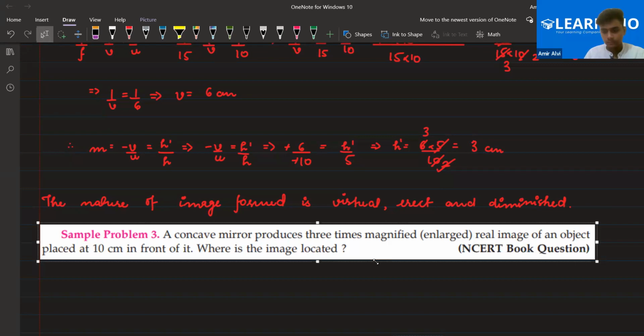Is the answer minus 30? Who said minus 30? Aayan? Not minus 30, plus 30. Okay, we'll verify it.